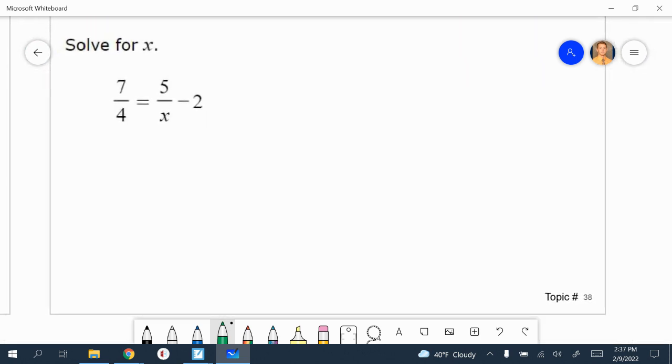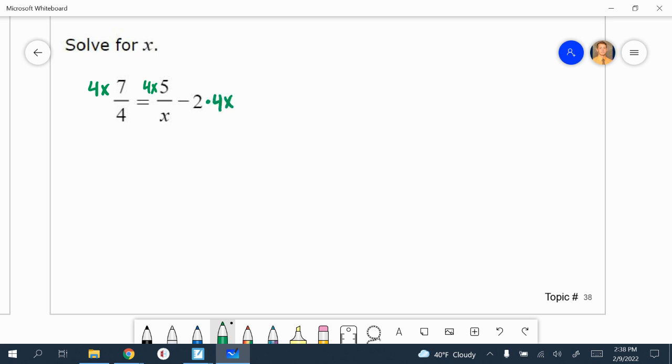Topic number 38. Now I've got to look for something to get rid of those denominators, and I'm going to multiply both sides by 4x. So if I'm multiplying both sides by 4x, that means this fraction is going to be multiplied by 4x, so I'll just put it on top, actually. This fraction is going to be multiplied by 4x, and this 2 is going to be multiplied by 4x.